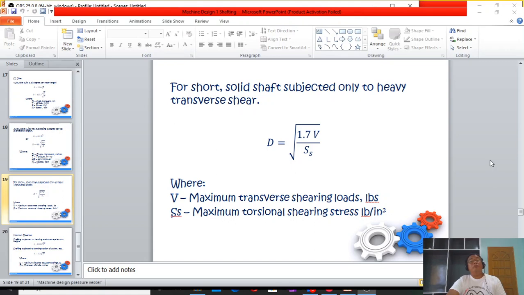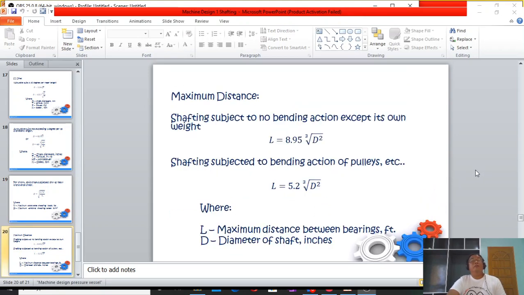And then for short solid shaft subjected only to heavy transverse shear, diameter equals 1.7 times the load over the shearing stress, or the torsional shearing stress.